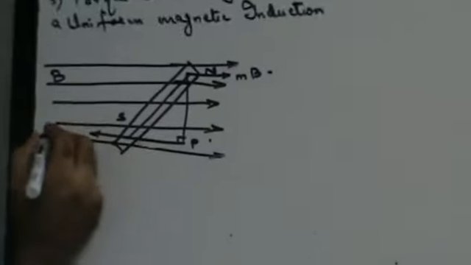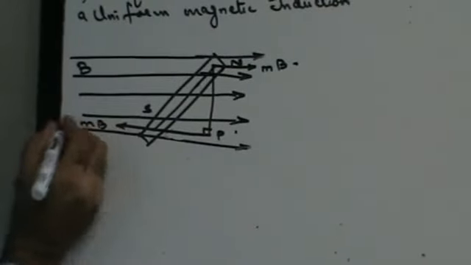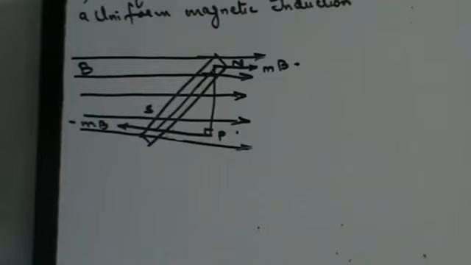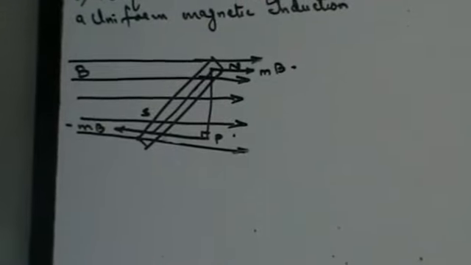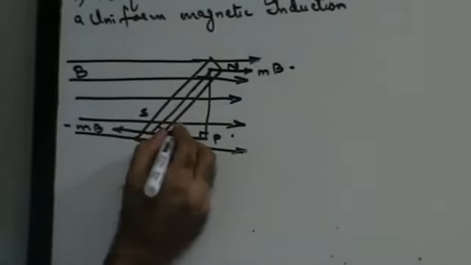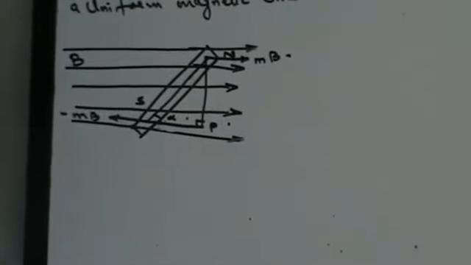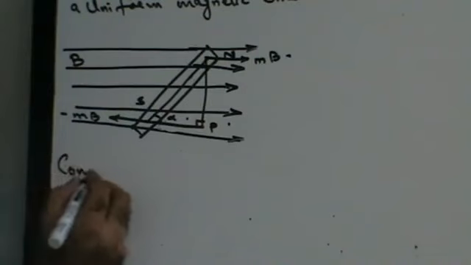The south pole will move in the opposite direction with a force of minus mB. Let us assume that the magnet makes an angle of alpha with the external magnetic field.